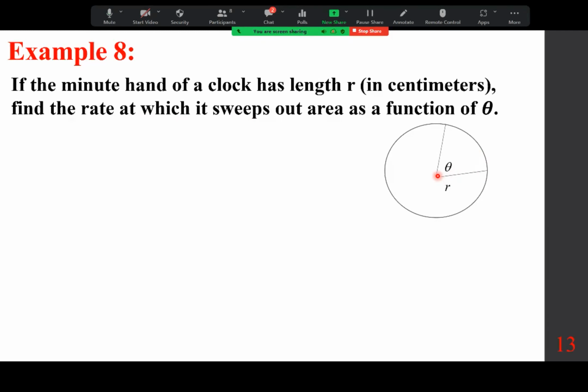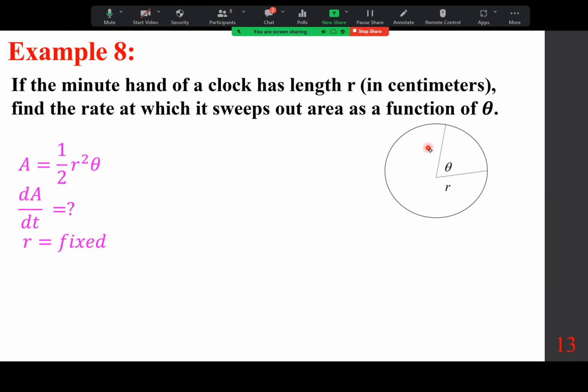So it moves and it goes so much and it covers this area of a sector. You remember the formula from trigonometry, 1/2 r squared theta, and dA dt is of interest to us, where r is obviously a fixed number that is not changing.